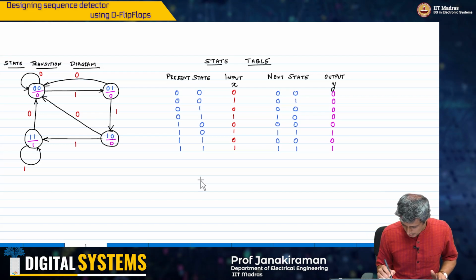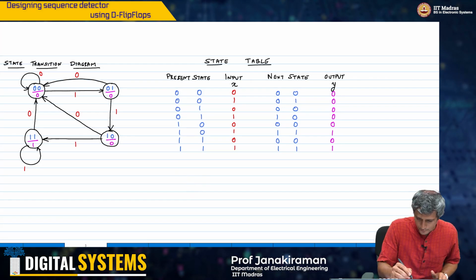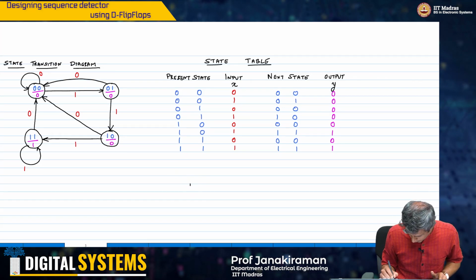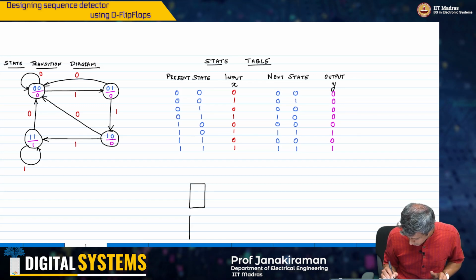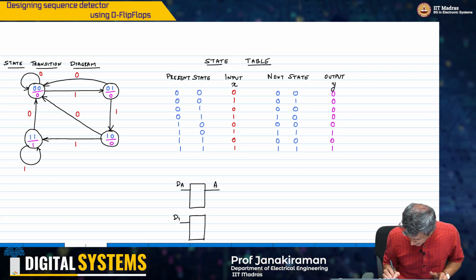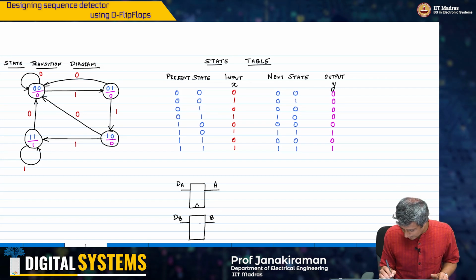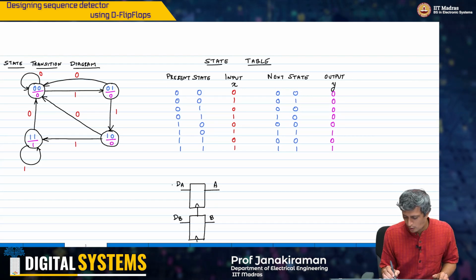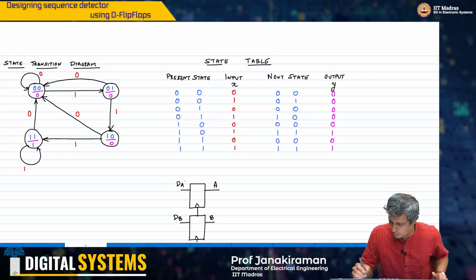So what we are saying now is I have a flip-flop like this. This is my DA and this is my A. This is my DB and this is my B. Okay, and I have my clocks here connected like this. So we are trying to figure out what this DA and DB should be.